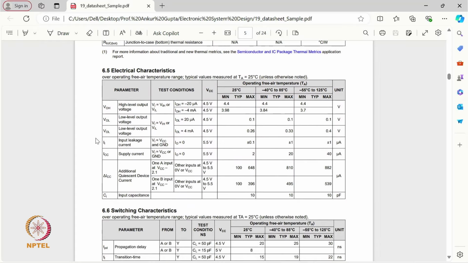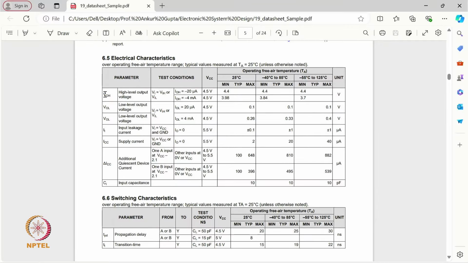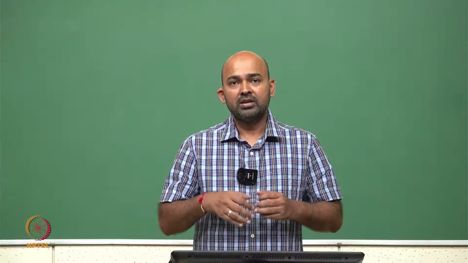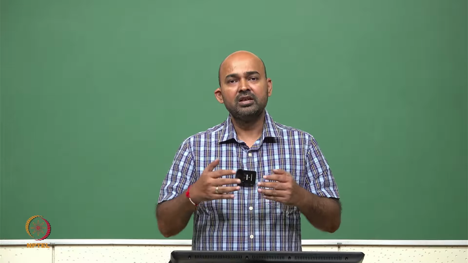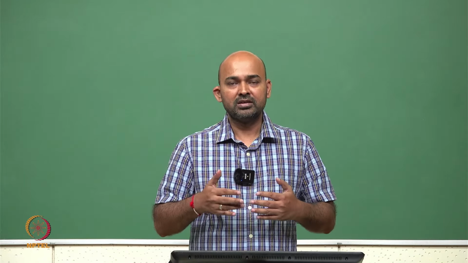For example, here it is given in detail: VOH, VOL, IOL and delta ICC. These are some of the parameters used in data sheets for accurately connecting these ICs to different ICs, so that the VIH, VIL are compatible with the other logic.